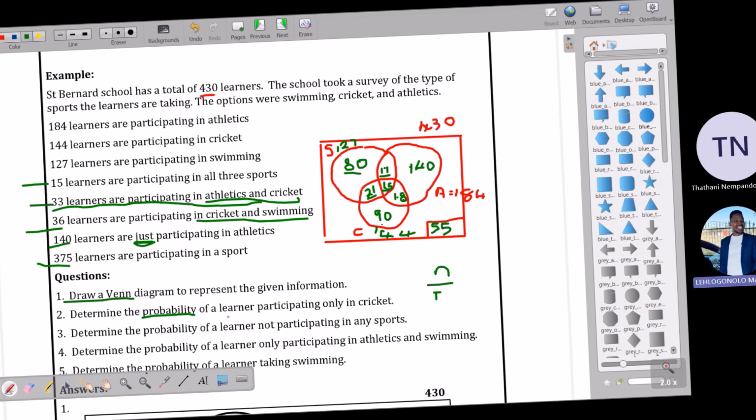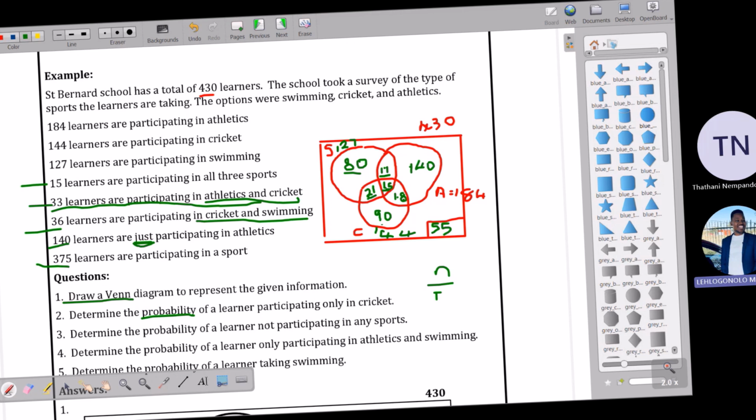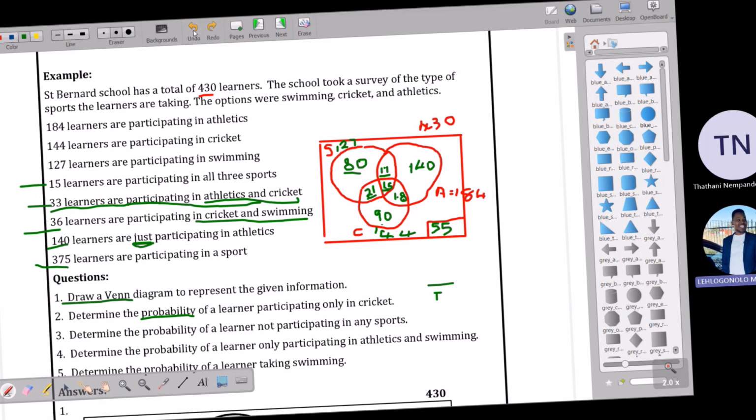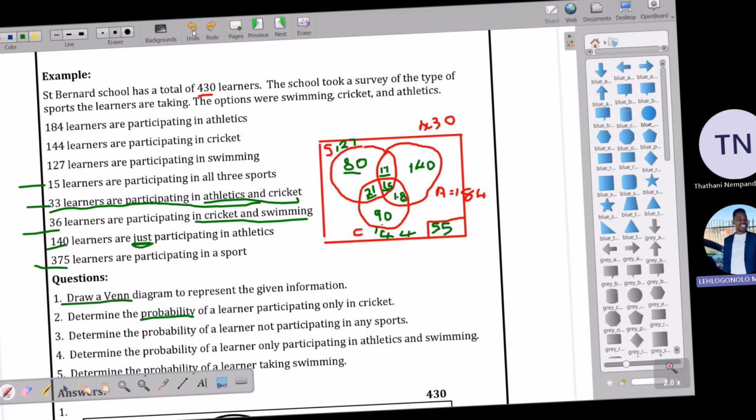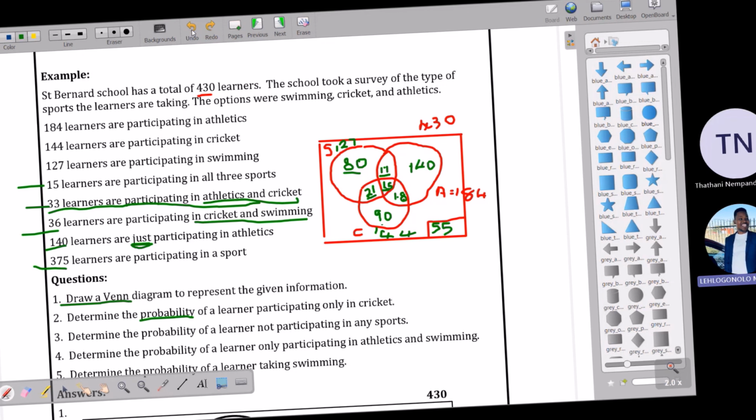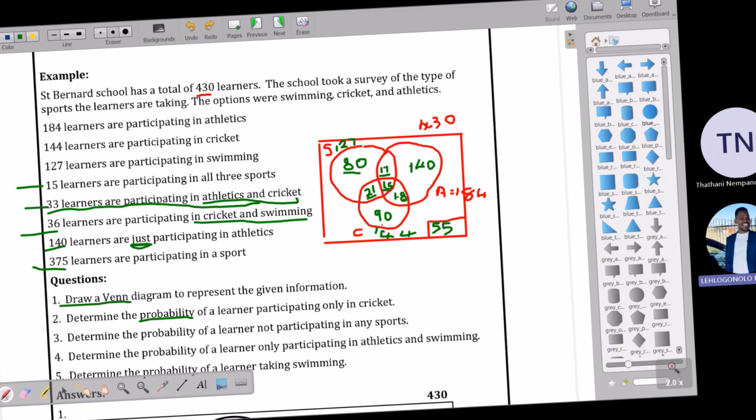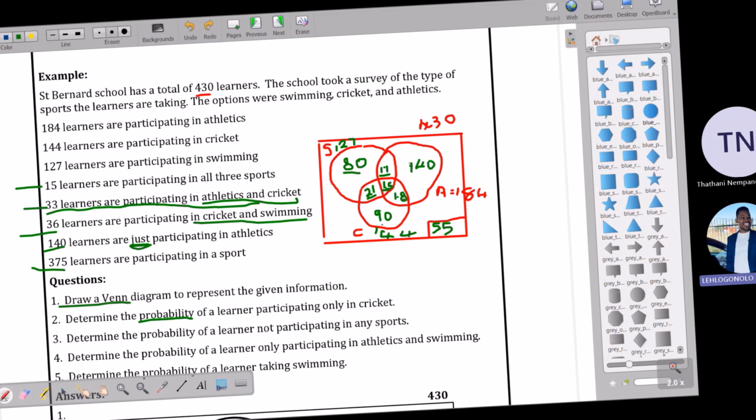The second question: determine the probability of learners participating in cricket only. Cricket only. So you go to your Venn diagram and look at those who are doing cricket only, meaning the part of the circle that doesn't touch any other. This is the circle of cricket.